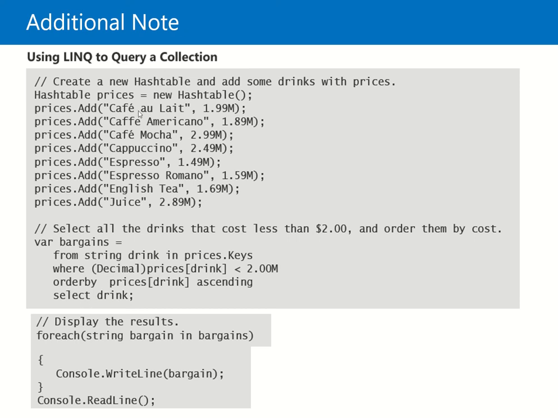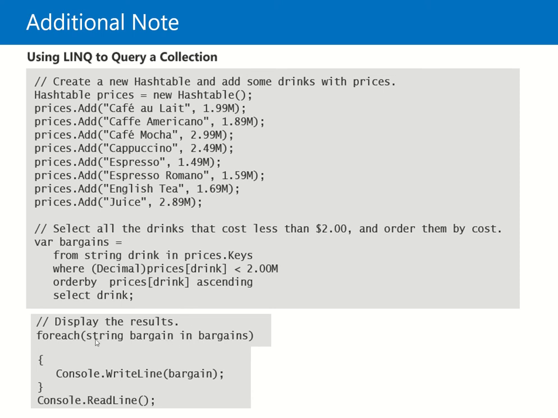Select all the drinks here that are less than $2. So this will be retrieved, this will be retrieved, skip, skip, retrieve, retrieve, retrieve, skip. And then it will display the result. In this example, you write code to display the result. So you do a for each in bargains.